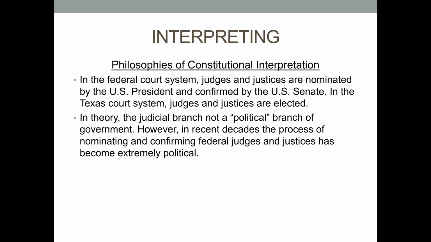In theory, the judicial branch of government is not a political branch. The politics is supposed to be left to the legislative branch and the executive branch. But in recent decades, the process of nominating and confirming federal judges and justices in particular has become extremely political.